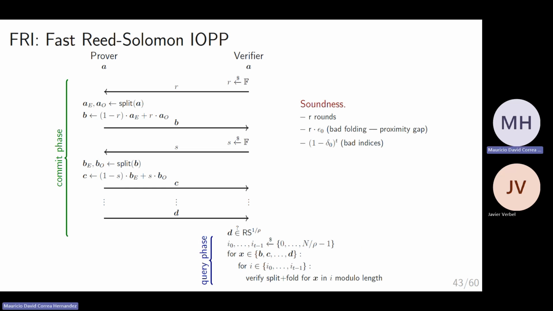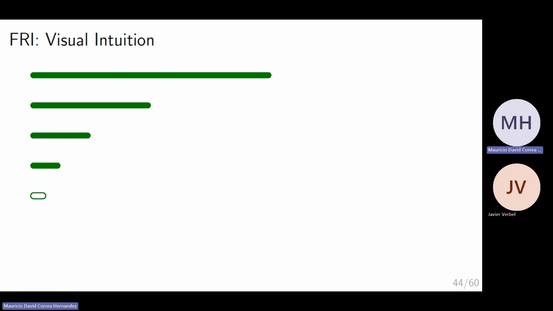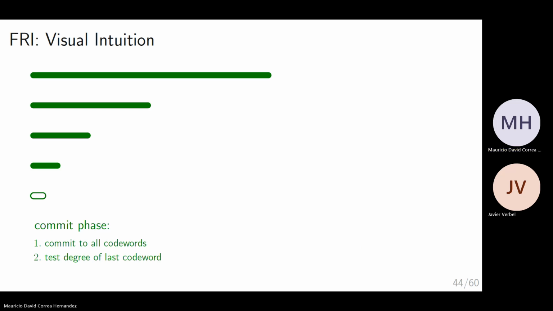So what do I mean by that, bad indices? Here's a visual representation of the FRI protocol where we look at the code words that are being sent. In every round, the code word that's being sent has half the length because the prover folds them, splits them, and batches them. And split and batch you can think of as folding. And then the very last code word is obviously opened by the verifier who tests it for low agreement. That's the commit phase. And in the query phase, the verifier samples one index.